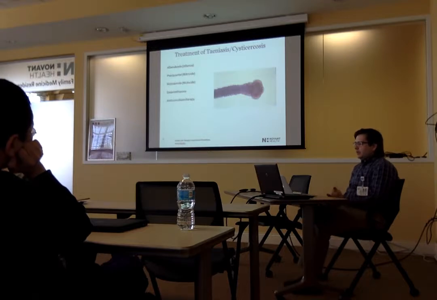We already talked about praziquantel. Niclosamide is going to inhibit glucose and anaerobic metabolism in these helminth worms. And then specifically for the more serious manifestation, the cysticercosis, dexamethasone may be indicated, along with anticonvulsant therapy.